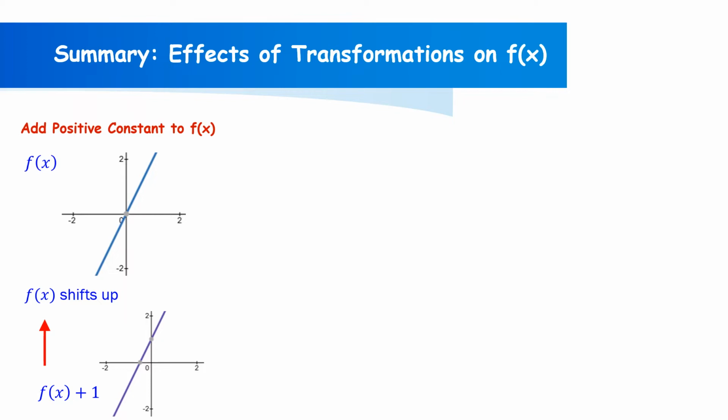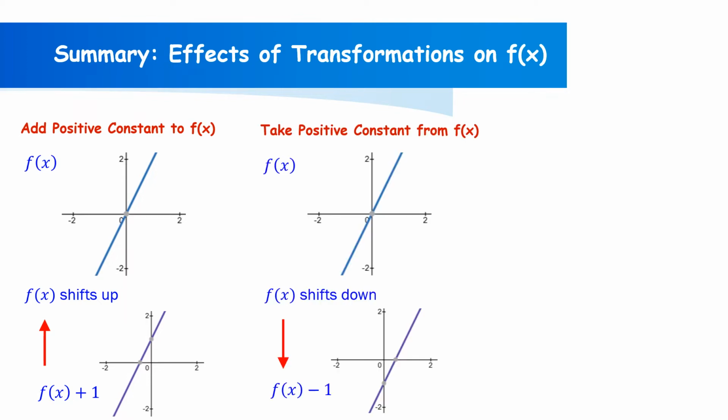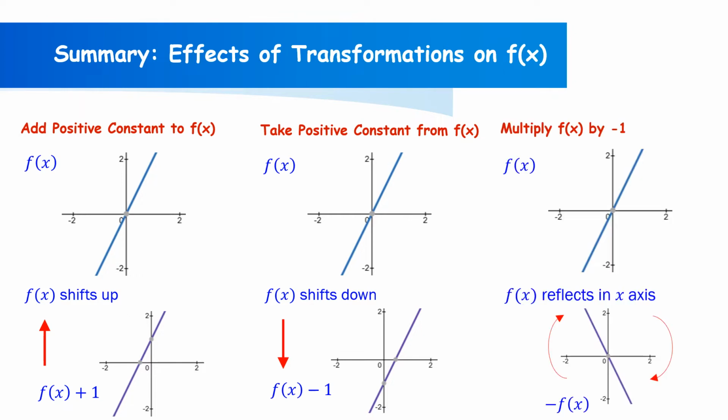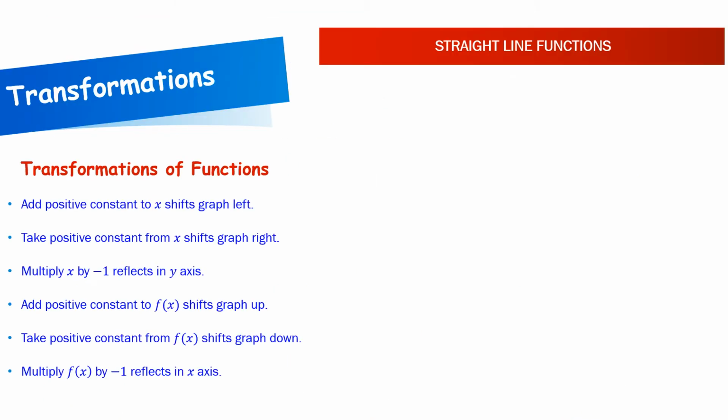And similarly, adding a positive constant to f of x shifts up. Taking a positive constant from f of x shifts down. And finally, multiplying f of x by -1, f of x reflects in the x-axis. So here's a summary of the transformations of functions which we will be considering in this session.